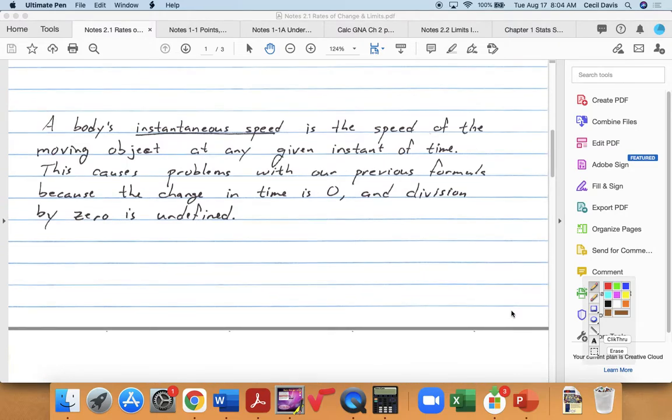A body's instantaneous speed is the speed of the moving object at any given instant of time. That causes a problem with our previous formula, because at an instant in time, do you have two different points? You only have one point. And with only one point, it's pretty difficult to get the slope. You need two points to get the slope. So what are we going to do?